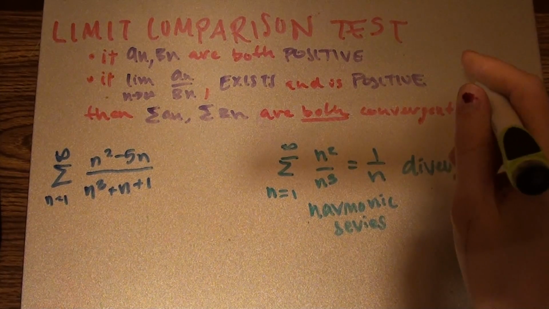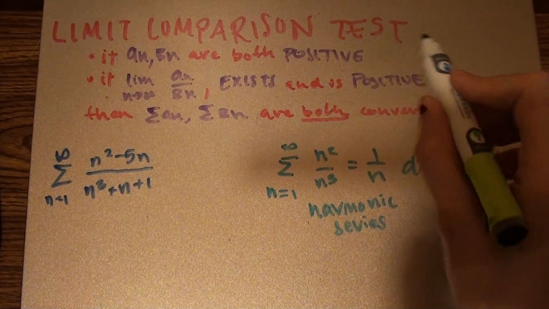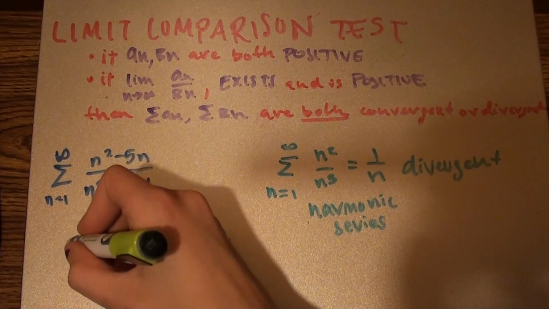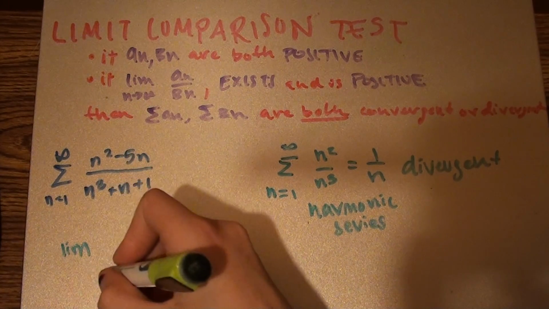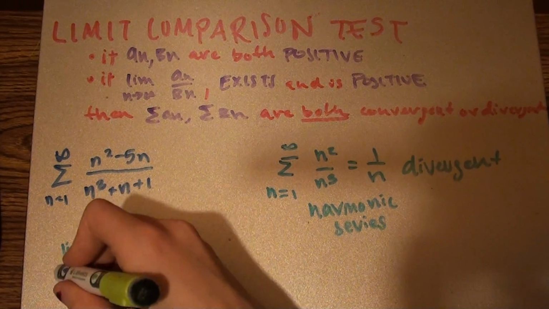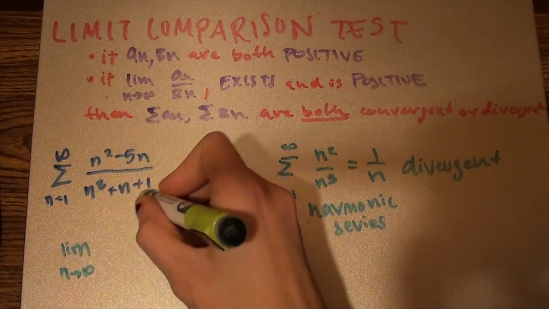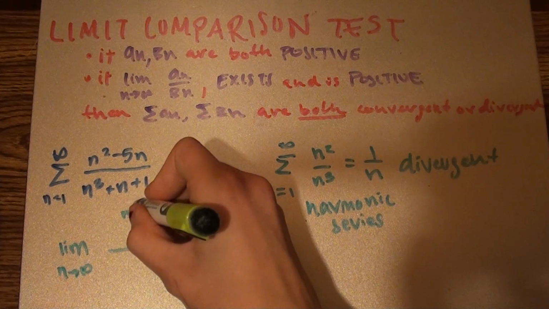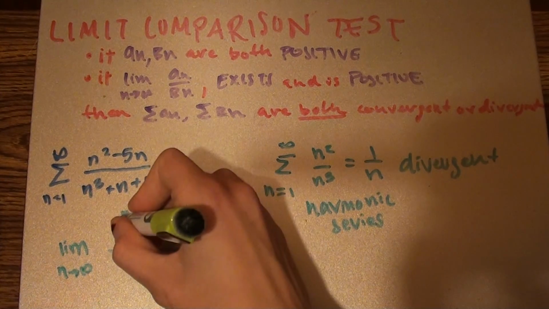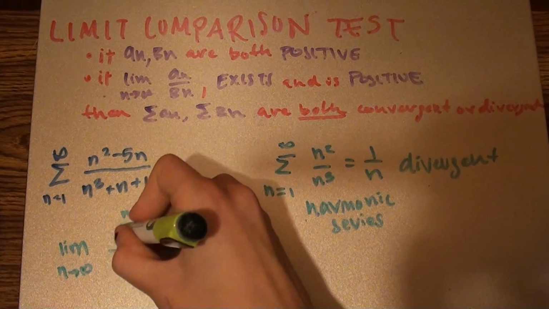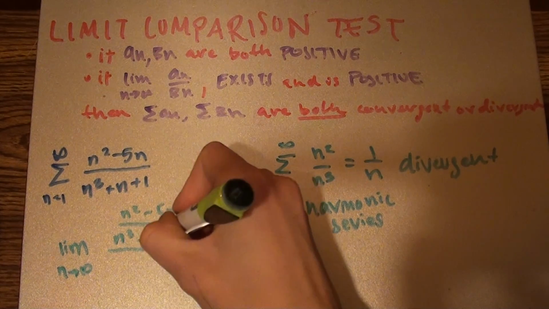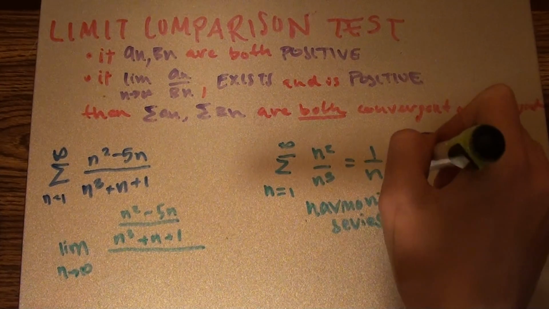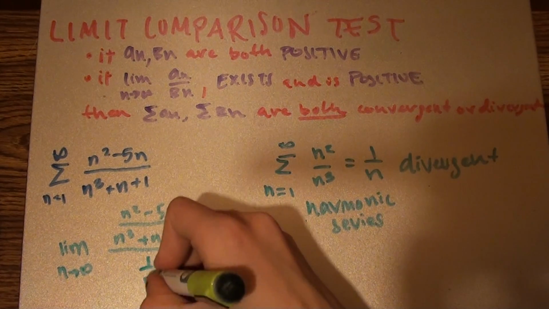So what happens when we take the limit of our two series? We have the limit as n approaches infinity, and we're going to have our one series over the other. So we put n squared minus 5n over n cubed plus n plus 1, all over n squared over n cubed, which is the same thing as 1 over n.